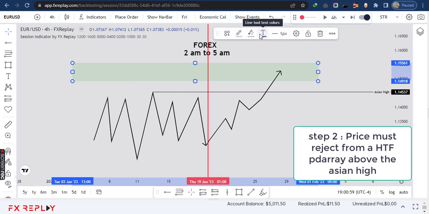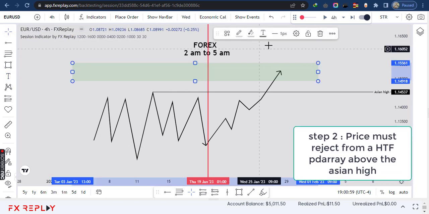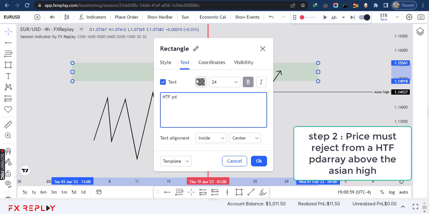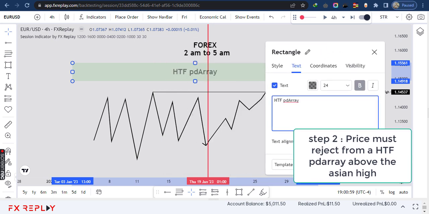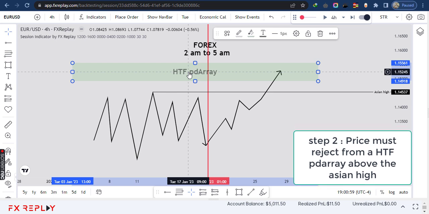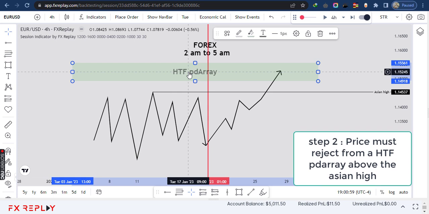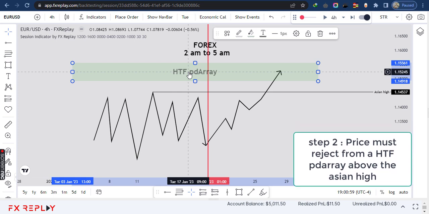This is a higher time frame PD array. A higher time frame PD array can be either an order block, it can be a fair value gap, it can be a rejection block, it can be, I don't know, what did I miss? A breaker, all right? A breaker.